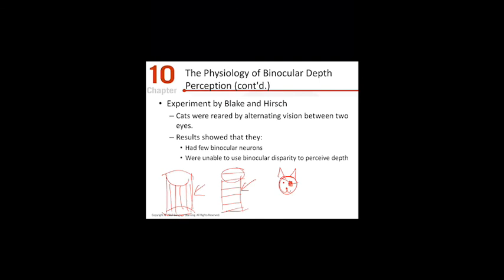So again, this is a physiological perceptual connection that we can use to say something is explained by that experiment: that binocular disparity is a result of these very selective neurons being able to determine that the images are coming from both eyes.